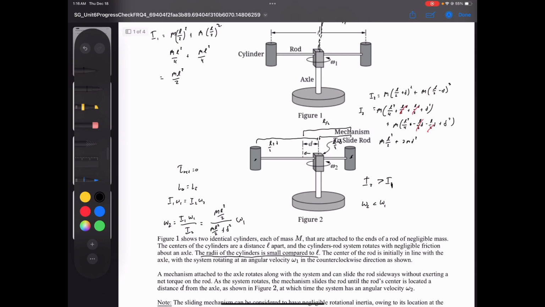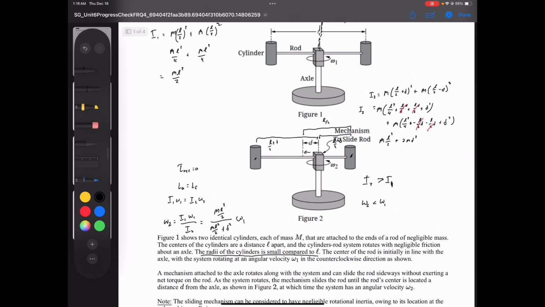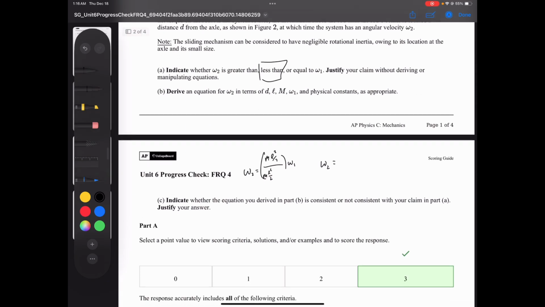There's an md squared for the left cylinder, and there's an md squared for the right cylinder. So in total, it's 2md squared. My bad. And then I can factor out an m. Actually, the m's just cancel out. There's an m in every single term, so m over m cancels out.